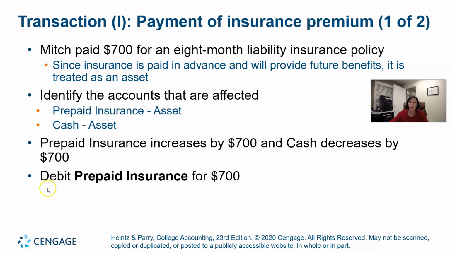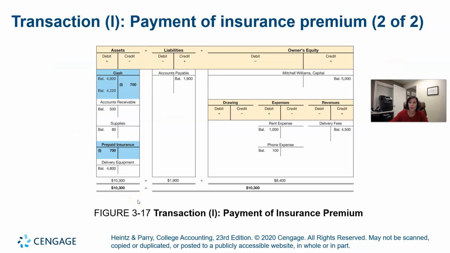So we debit prepaid insurance for $700, and we credit cash for $700. And here again, everything occurring on the asset side of the equal sign. So all we've done is we've decreased our cash, we've increased our prepaid insurance, and we have a total asset balance of $10,300. We have done nothing on the right side of the equal sign.